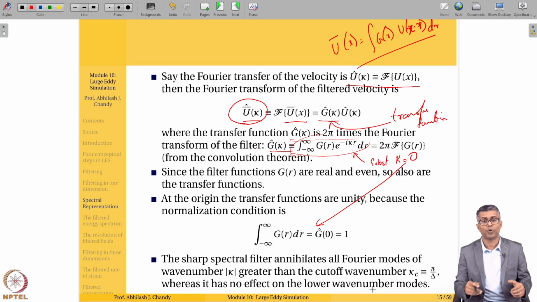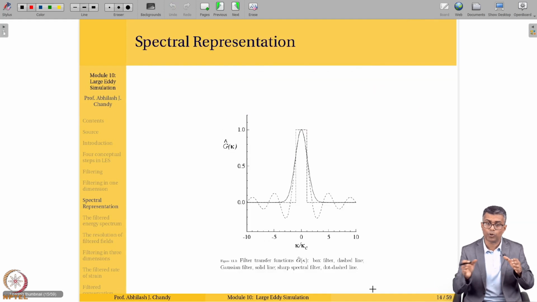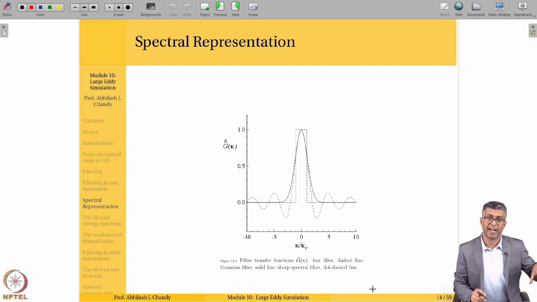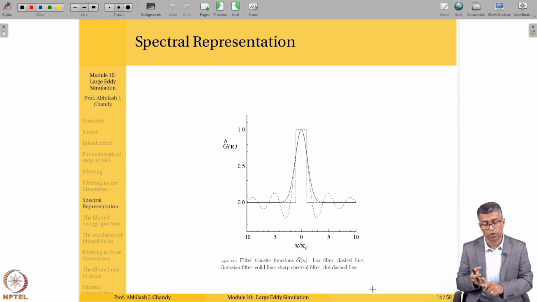Now if you have something like a sharp spectral filter, and we saw those examples, let me go back and see what this plot means. Just like previously I had the filter function shown for 3 different examples, I'm showing the transfer function for the same 3 examples: the box filter, the sharp spectral filter, and the Gaussian filter.